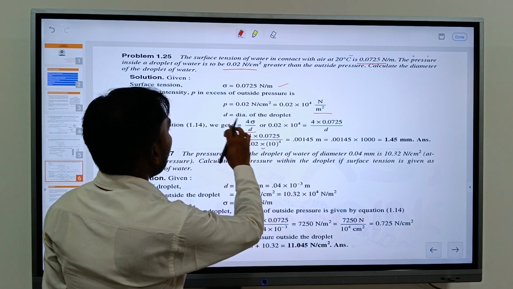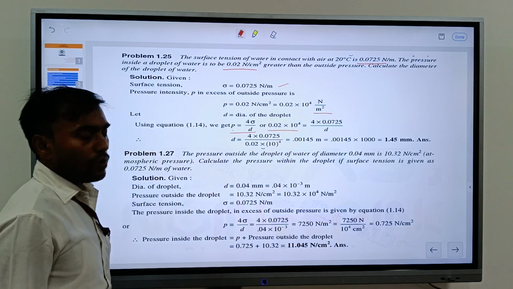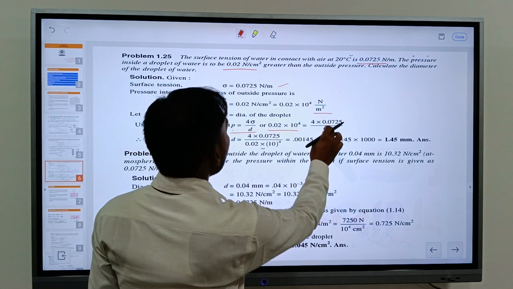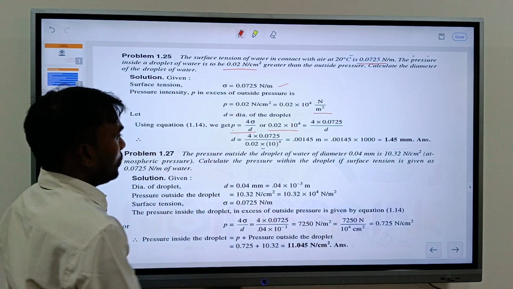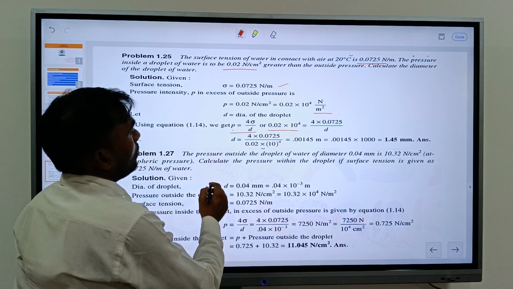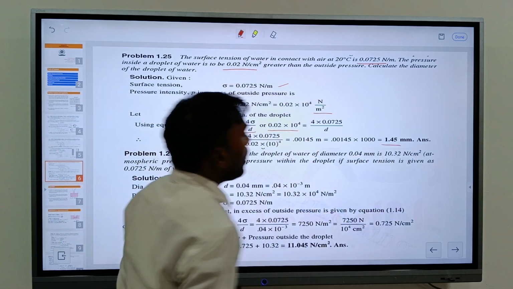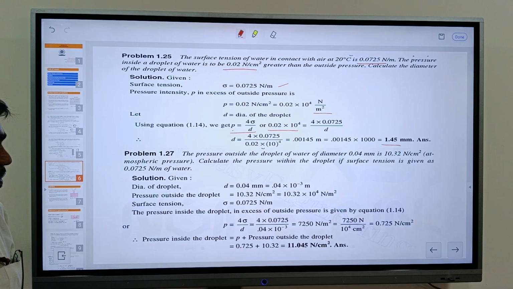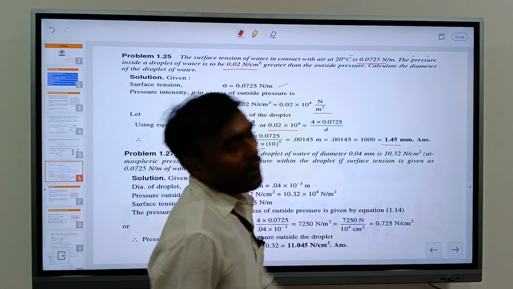The pressure intensity value is given here, 0.02 into 10 raised to power 4 equals 4 sigma divided by d. Sigma value is already given here. So further, if you solve, then the value of d will be 1.45 mm. Now, what is the required answer? The diameter of the liquid droplet is 1.45 mm.